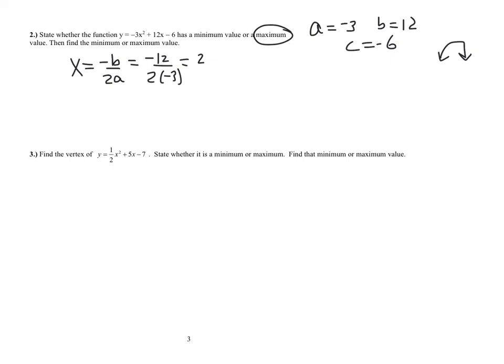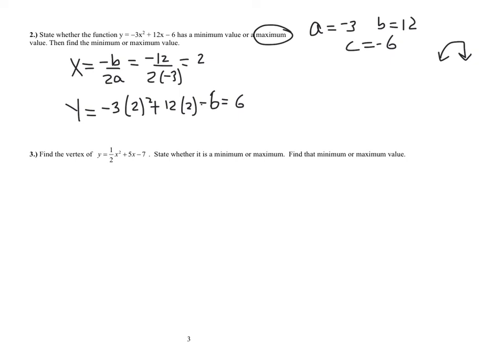So when I get x equals 2, I can find y by plugging it into the equation. So I have -3 times 2 squared plus 12 multiplied by 2 minus 6. So what do I get? I get 6.